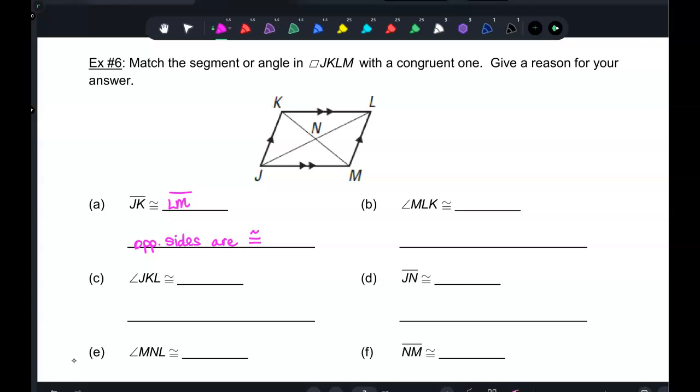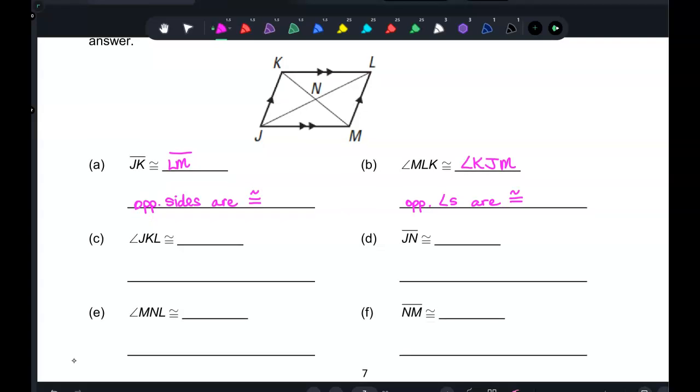Okay, angle MLK is congruent to angle KJM, and that's because opposite angles are congruent. Here and here.